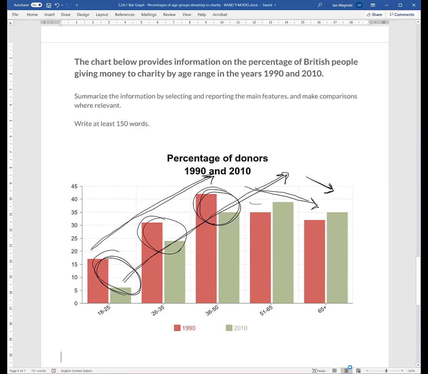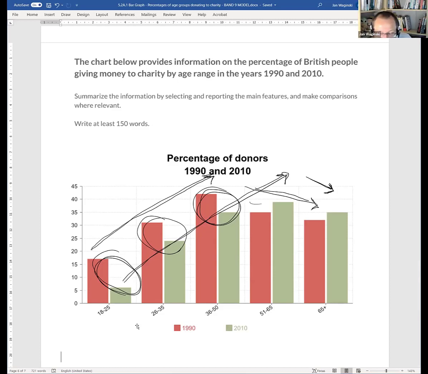And again, in the body paragraphs, you're going to talk about this difference. So let's say it dropped from 17% of 18 to 25-year-olds to 6% of 18 to 25-year-olds. What is the percentage difference, though? Triple, 1 third.